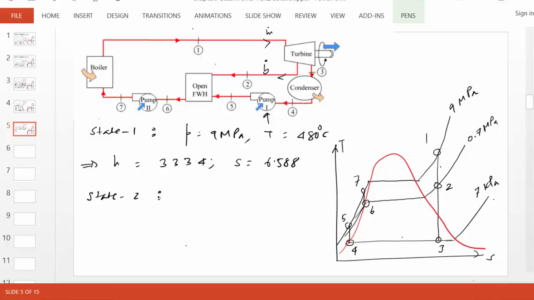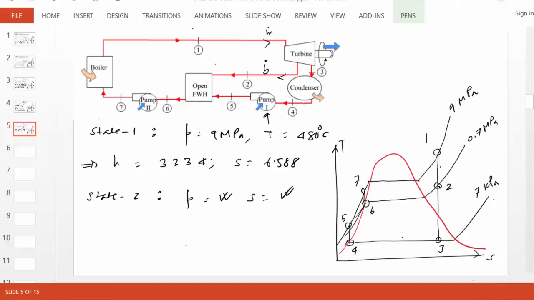Again, state 2, we know the pressure, and because the entropy is now known, I'll just put a double tick to show that we know the values. If you know the pressure and entropy, we can figure out enthalpy. It's a little more difficult manually solving when you know pressure and entropy.